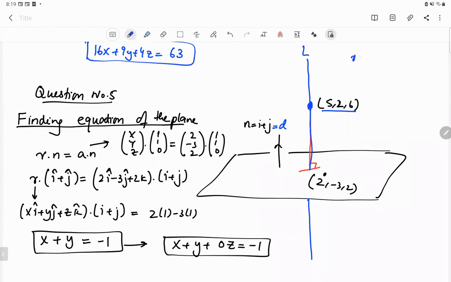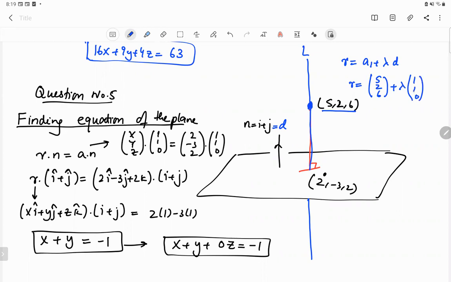Okay, now the equation of the line is given like this, where a1 is any point on the line. And you know that (5, 2, 6) lies on that line, and the direction vector is (1, 1, 0).